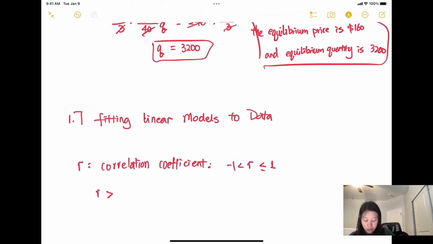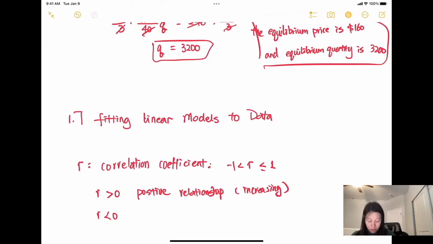If R is a positive number, from what we know about positive numbers, that means this is a positive relationship. That means this is going to be increasing, and the line is going to go up. And if R is less than 0, that suggests that x and y have a negative relationship, and this is going to be a decreasing line.